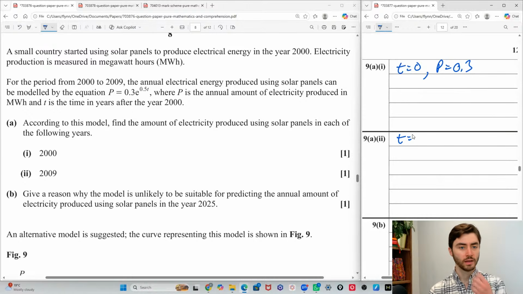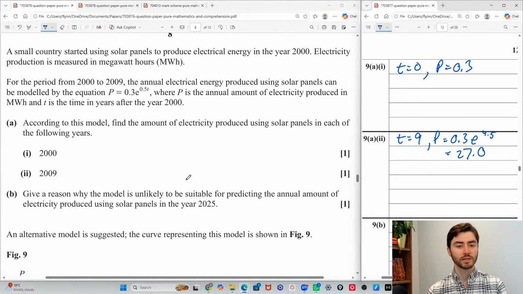And when T equals 9, T is the time in years after the year 2000. P equals 0.3 e to the 4.5, which is 27.0.